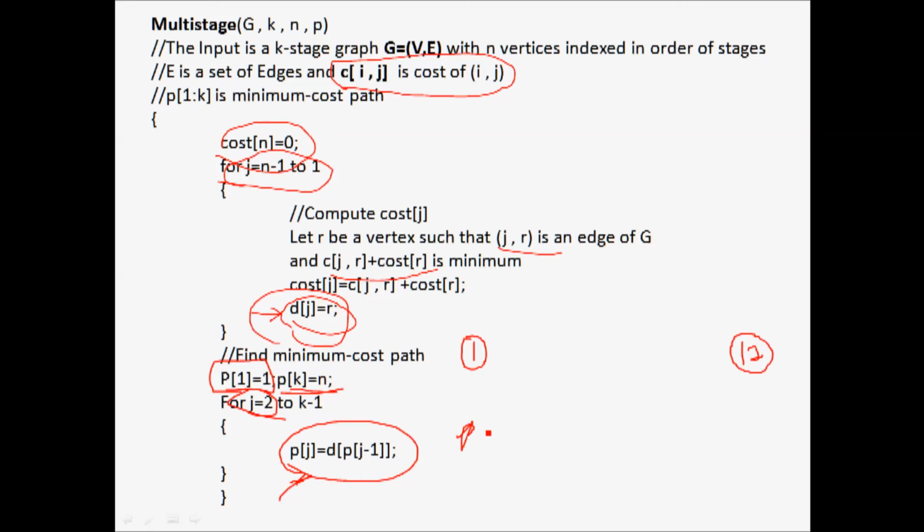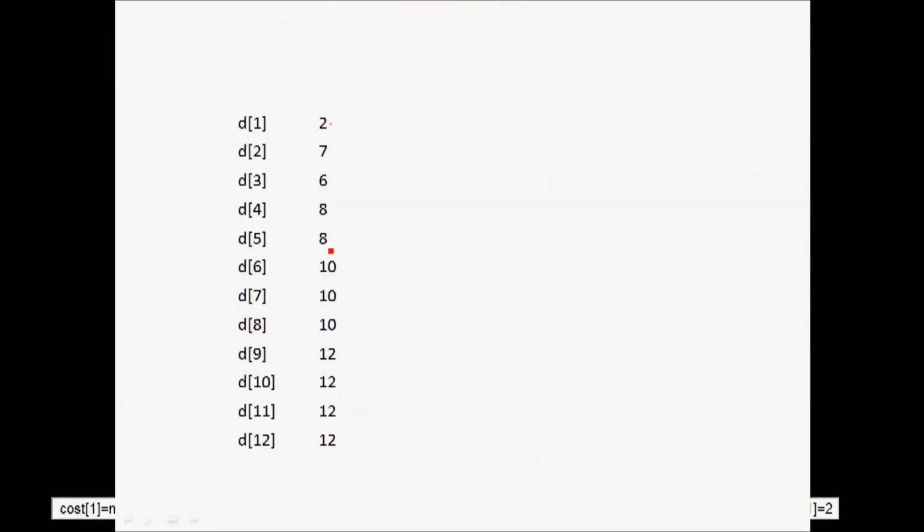Now suppose for j is equal to 2, p of 2 is equal to d of p of j minus 1. J minus 1 means 1. So p of 1 we know, p of 1 is 1. So it is equal to d of 1, and d of 1 we can easily take from the graph, that is d of 1 is equal to 2.